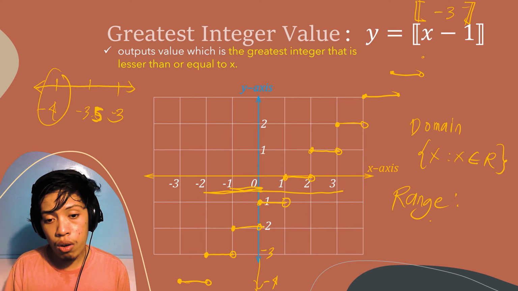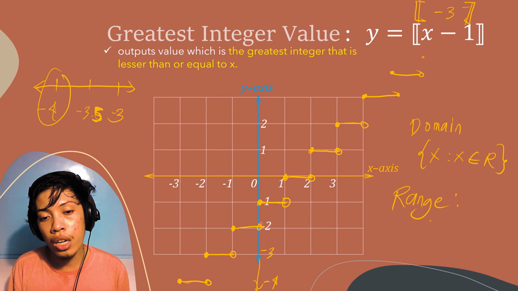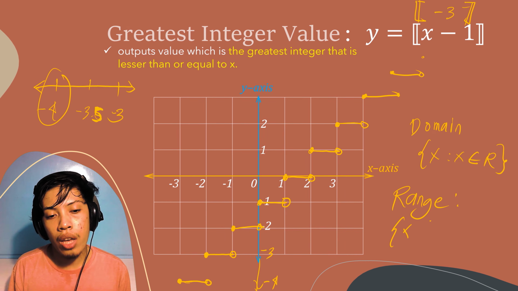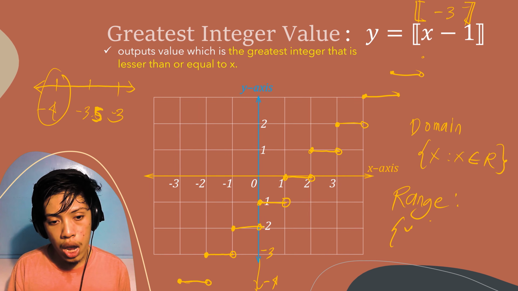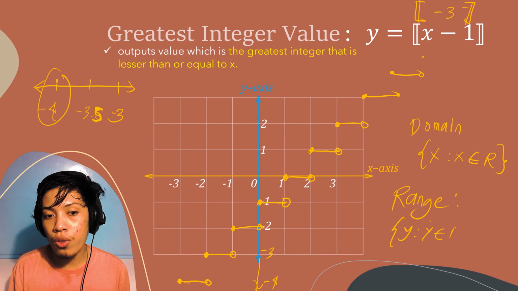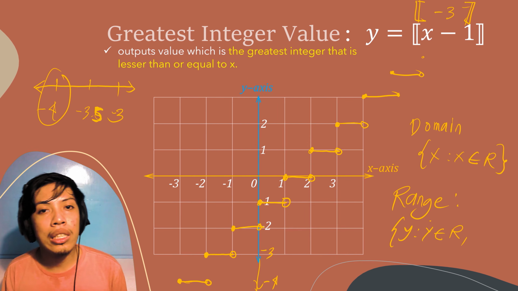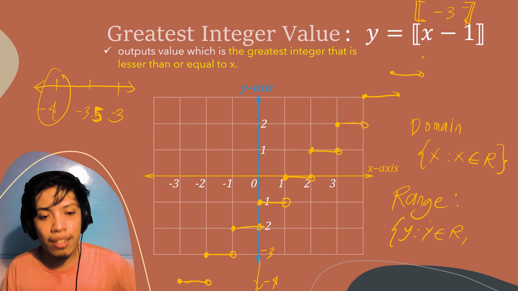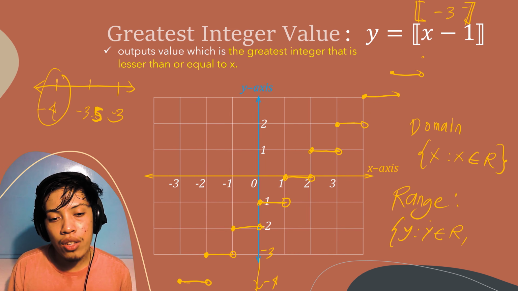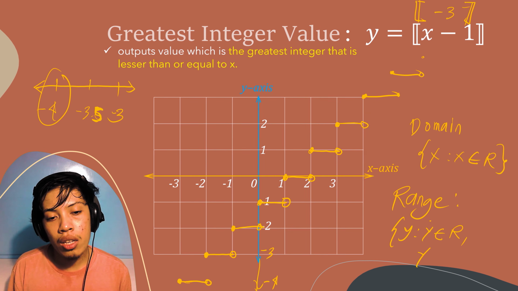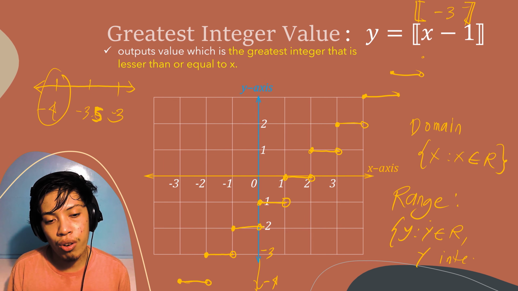Negative 4, negative 3, negative 2, negative 1, 0, 1. So how do you describe the range? Of course, that is not x, that is y. You would define the range like this: y such that y is an integer.